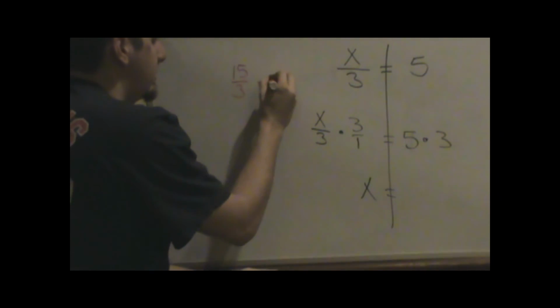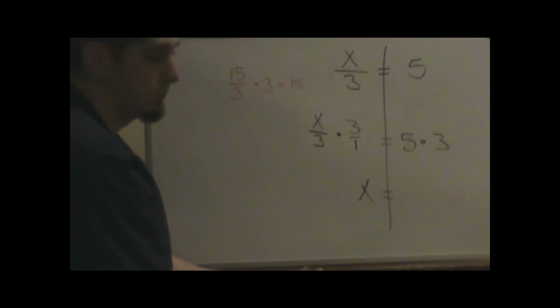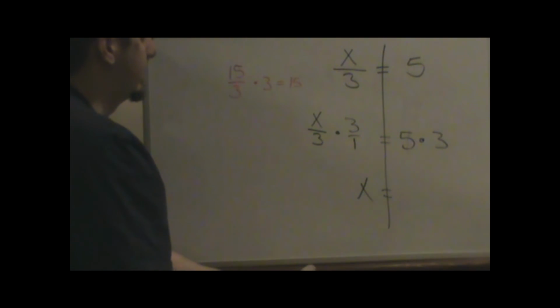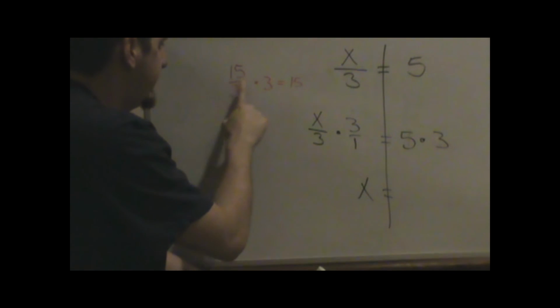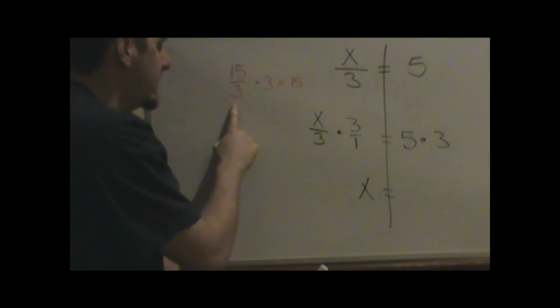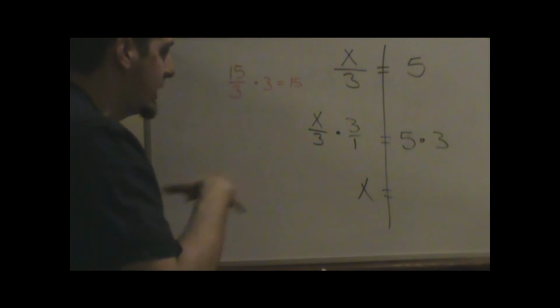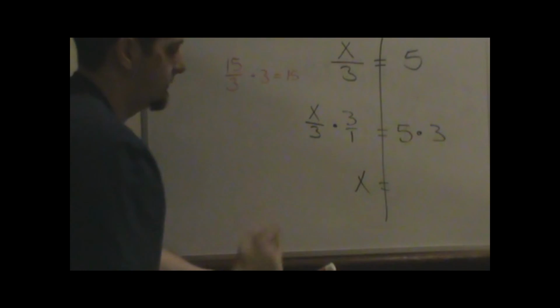And then I times it by 3 and I'm going to be back at 15. In other words, x. So the multiplication undid the division. The division brought me down to 5. The multiplication undid it because division and multiplication are opposites and brought me back to the 15.